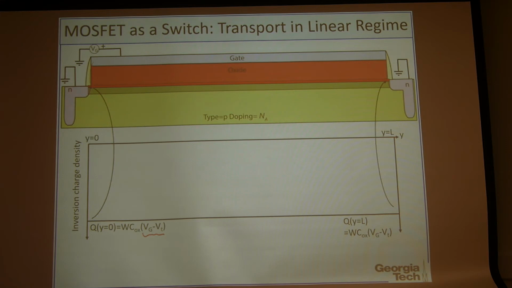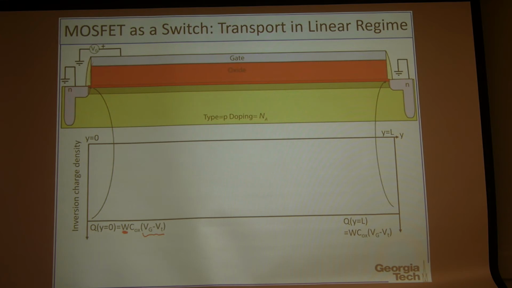So the effective voltage across the capacitor is Vg minus Vt, multiplied by the COX, which is the unit capacitance. And then times W. So what is W?